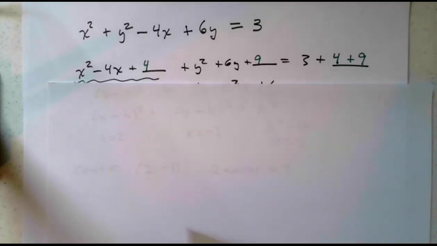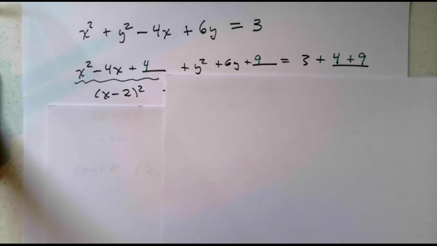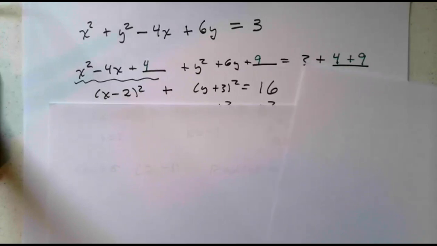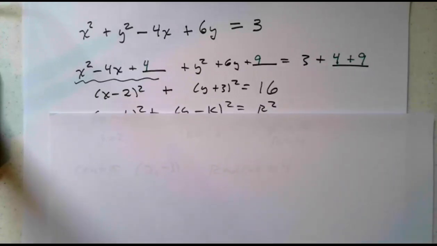And then I factored both of these guys. This first piece became x minus 2 squared. Multiply that out, x minus 2 times x minus 2, x squared minus 4x plus 4. Factoring y squared plus 6y plus 9, y plus 3 times y plus 3, that's y plus 3 squared. 3 and 4 is 7, and 9 is 16. So now what is my center? What is my radius?